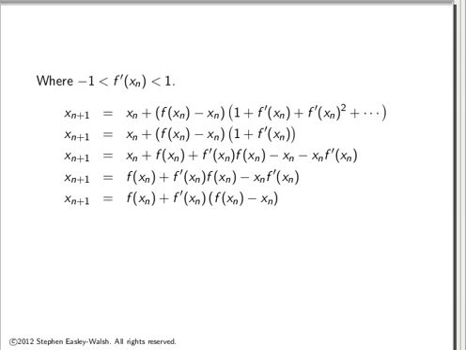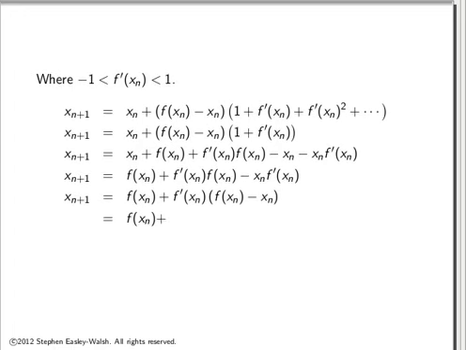Now, just to make it extra clear here, this is equal to f(xn) plus, okay. You're multiplying two numbers here, right? Now remember, I said I'm not interested in f derivative squared. What's the reason for this?